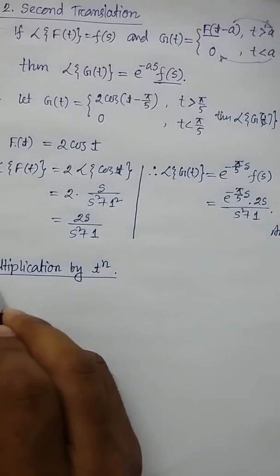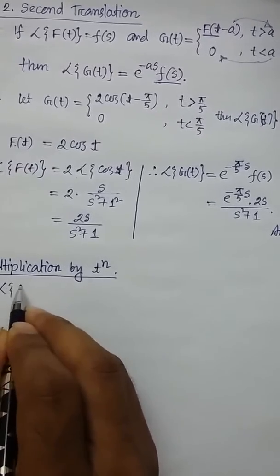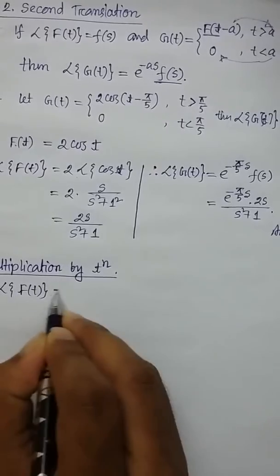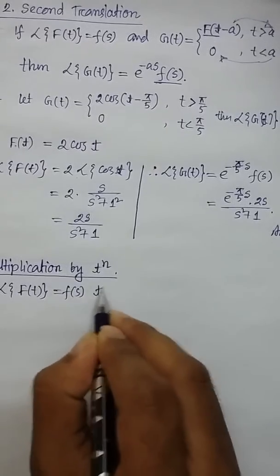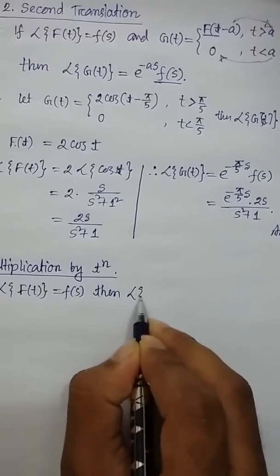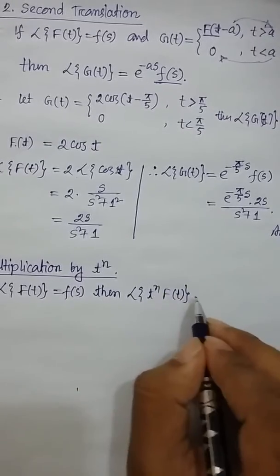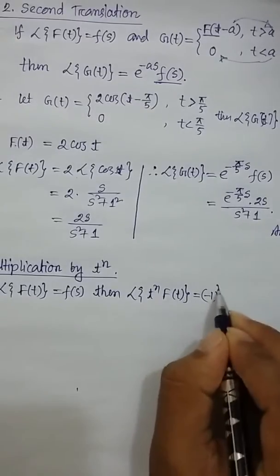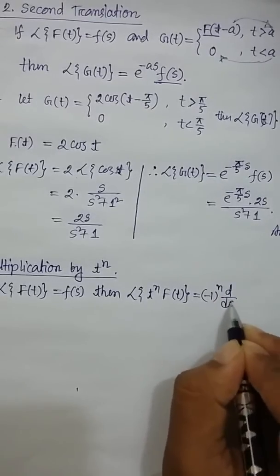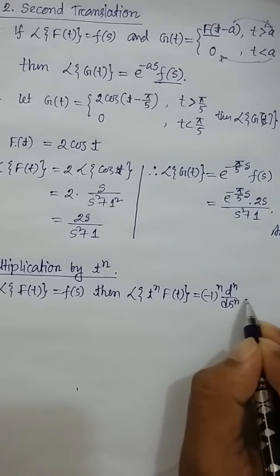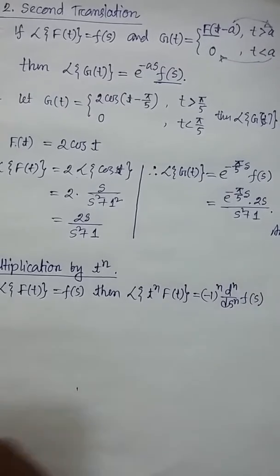It is a statement: if the Laplace transformation of f of t is f of s, then the Laplace transformation of t to the power n multiplied with f of t will be minus 1 to the power n, d n by d s n of f of s.